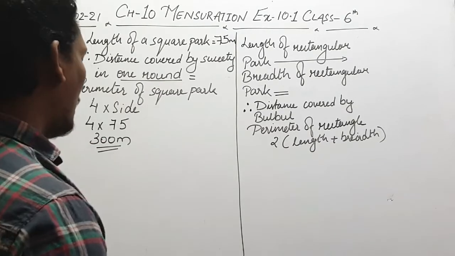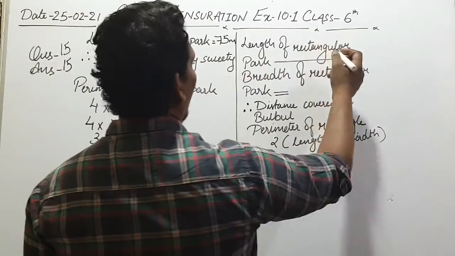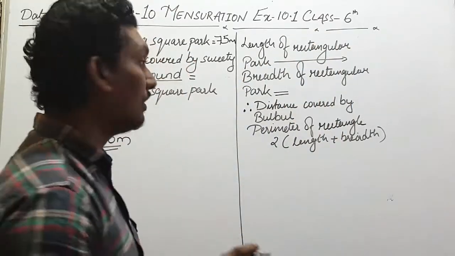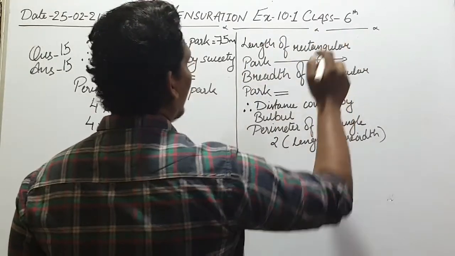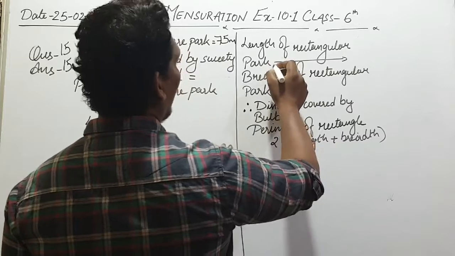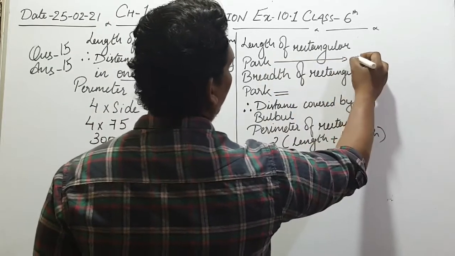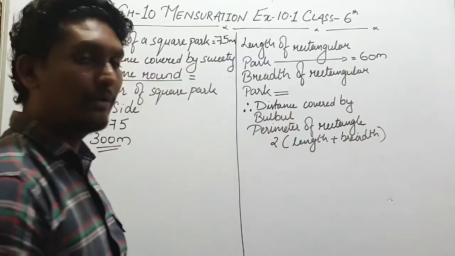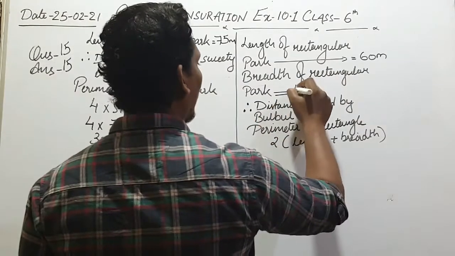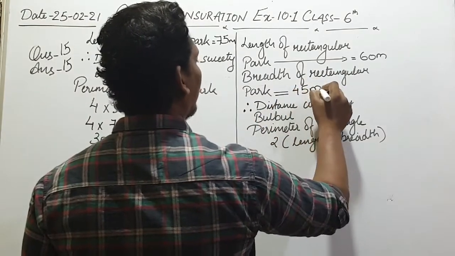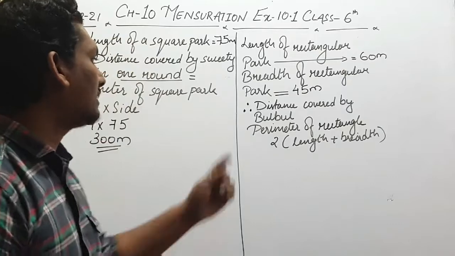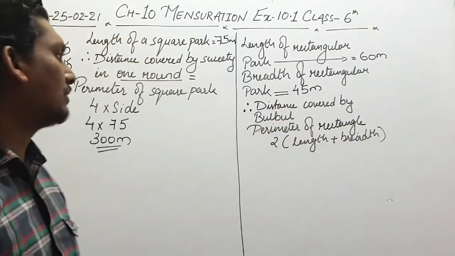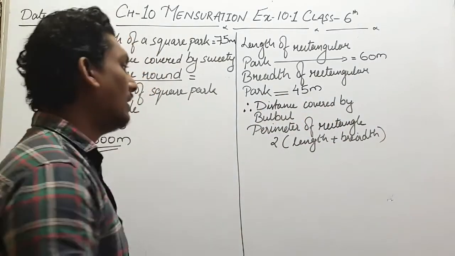Okay. Now come to the rectangular park, Bulbul. So length of the rectangular park, that is 60 meter. I am just writing here this side. So that is 60 meter, right? And the breadth of the rectangular park, that is given 45 meter. Okay, so distance covered by Bulbul. Okay, so total distance we are talking about.